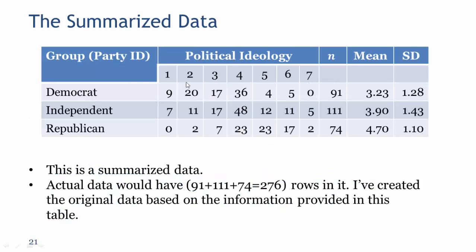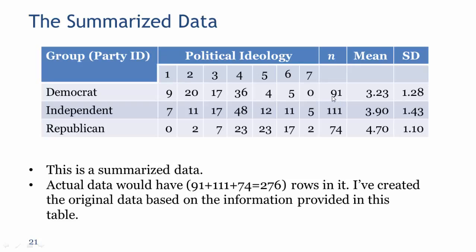Okay, so here's the summarized data. If you look into the first column, it shows the group or the party ID, three categories, and the political ideology on a 7-point Likert scale, and these are the number of Democrats who have scored a 1 on the political ideology question.